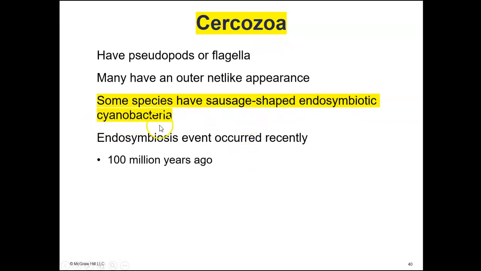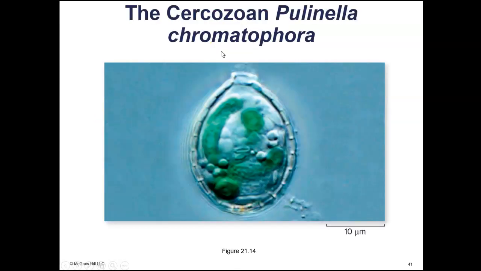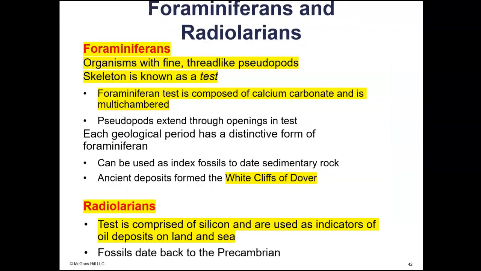Cyanobacteria are photosynthetic bacteria, so sometimes they will live inside cercozoans. This sausage-shaped structure right here is your cyanobacteria, and the entire organism is the cercozoan, which is your example from the supergroup Rosaria.